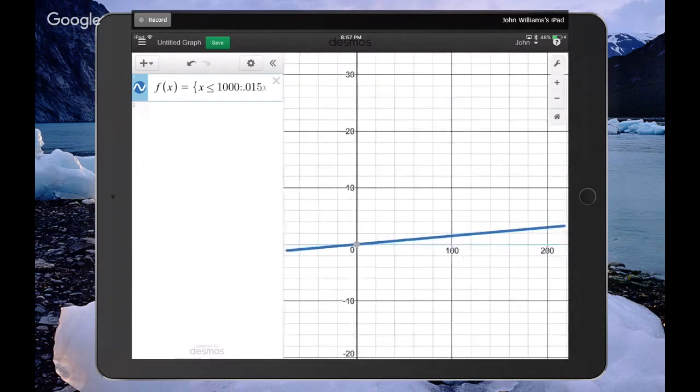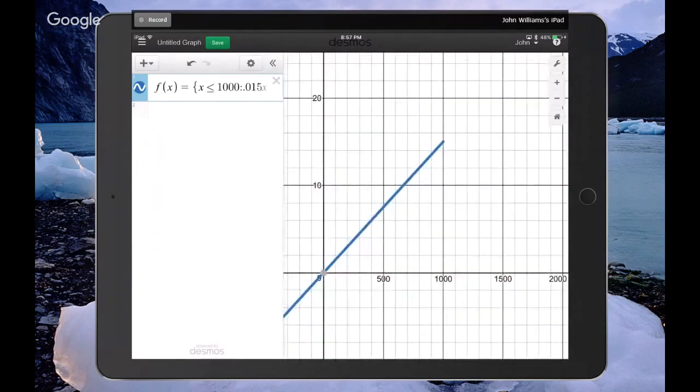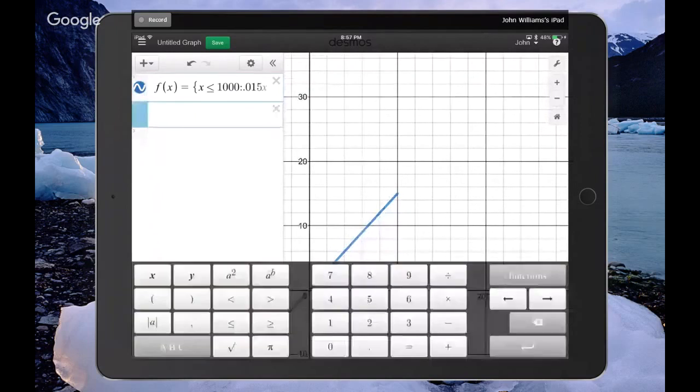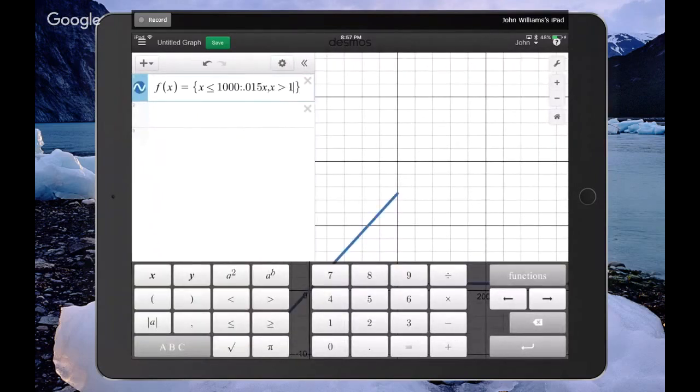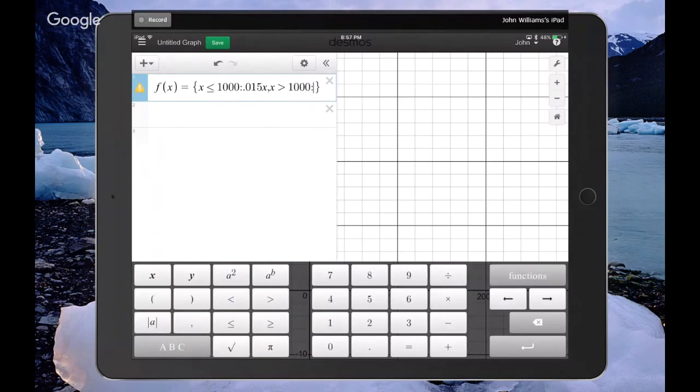So basically, if you're here, you have $1,000, $150. Now, Sophia, if I just said continue this function and say next domain is for x greater than 1,000, and then if I said greater than 1,000, you only owe 1%, right? So 0.01x.